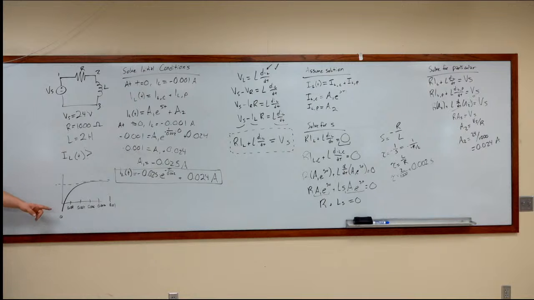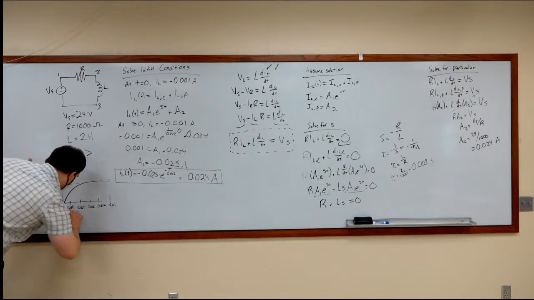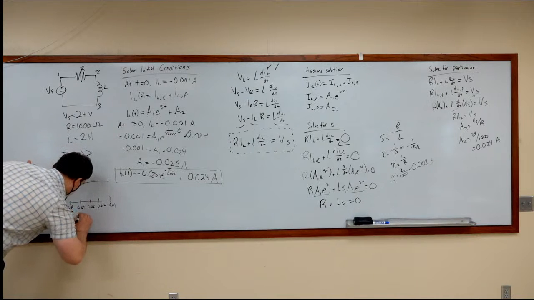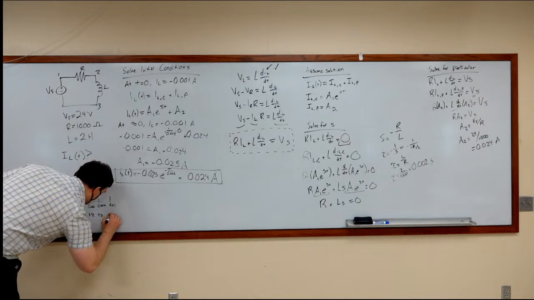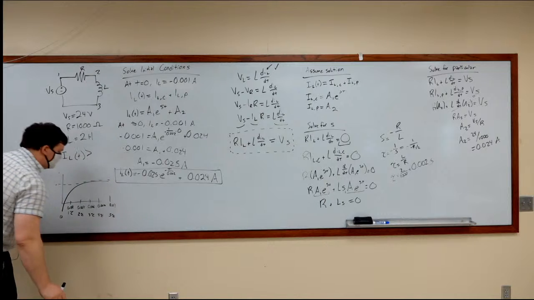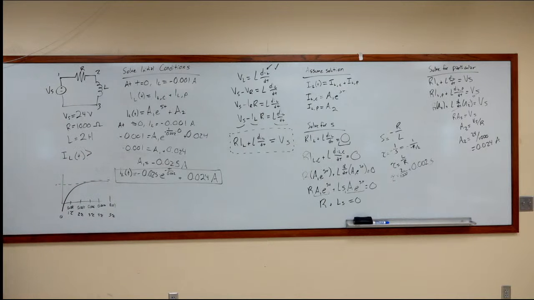Now, what is the significance of 0.002 seconds? Where do I have 0.002 seconds written on the board? That's what tau is. So this is equal to 1 tau, this is 2 tau, this is 3 tau, this is 4 tau, and this is 5 tau.